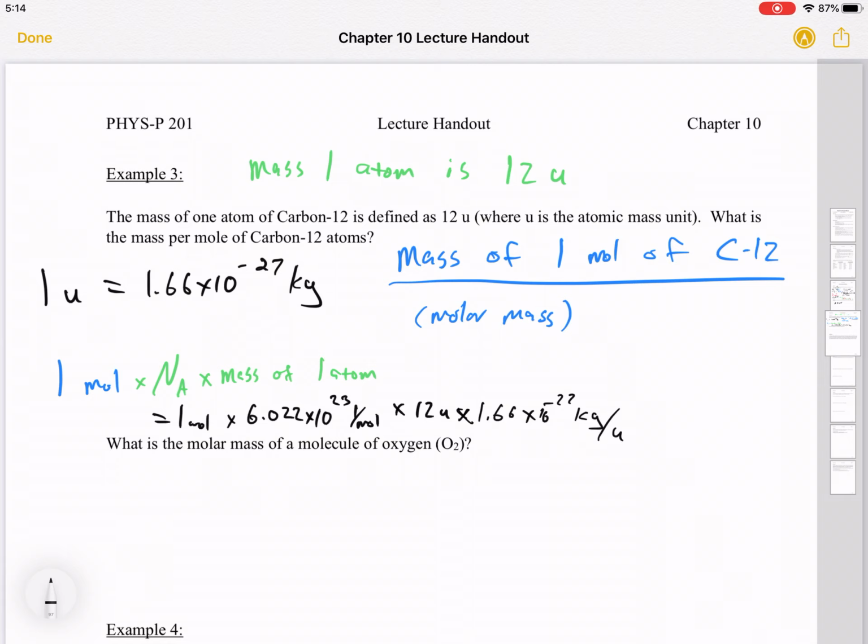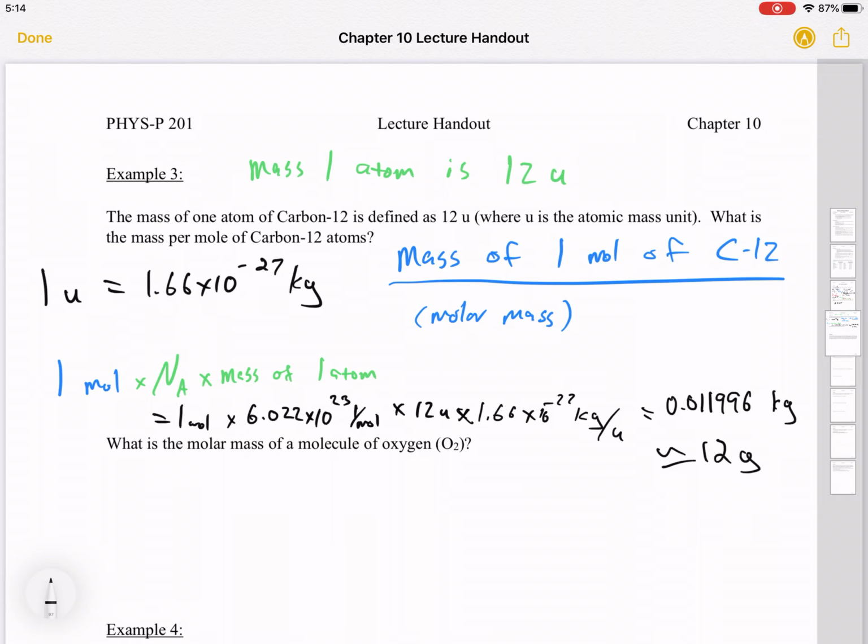Okay, so if we do that math, times 12 times 1.66 times 10 to the minus 27, I get 0.011996 kilograms. So that's the mass of a mole of carbon-12 atoms. But look, if you convert this to grams, that's really close to 12 grams, which is fantastic.